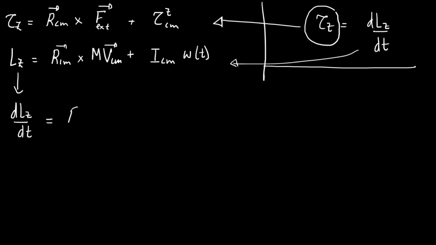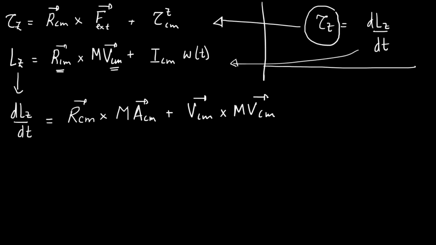It's intuitively acceptable. There is a product here, and I'm taking the derivative, mind you, and the derivative of this chap, m is a constant, is actually ACM, very highly acceptable, plus now the derivative of this chap is VCM cross MVCM, and the derivative of this chap, ICM, is a constant, alpha t.